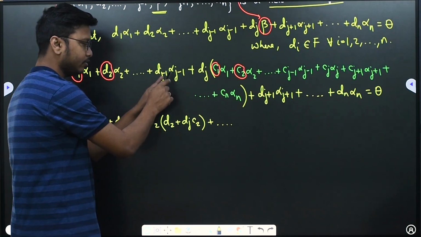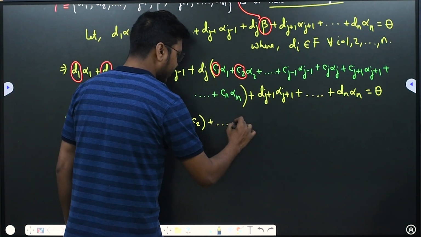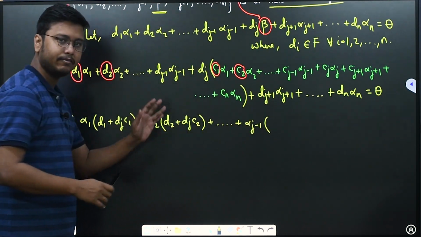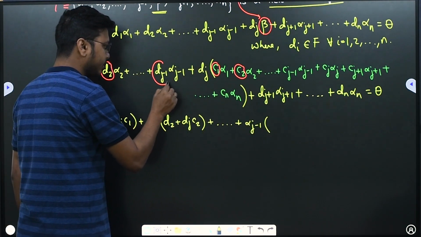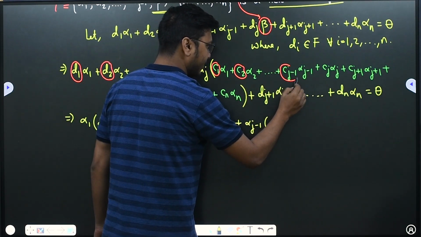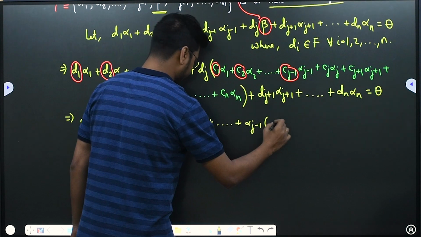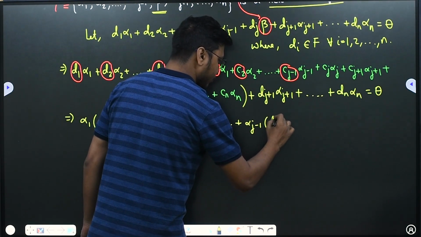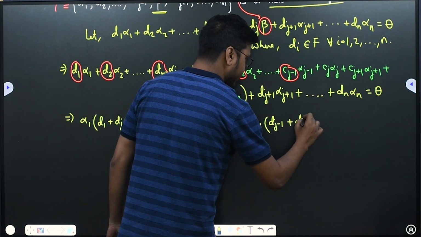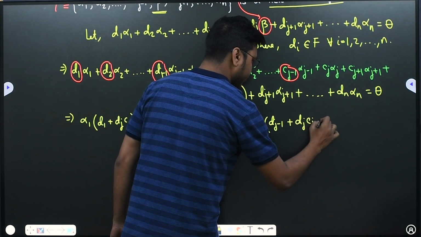I am directly coming to the alpha j minus 1 element. So alpha j minus 1 will similarly have the coefficient dj minus 1, cj minus 1 into dj, right? So dj minus 1 plus dj into cj minus 1.